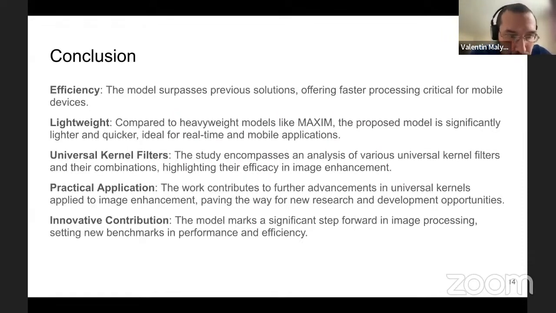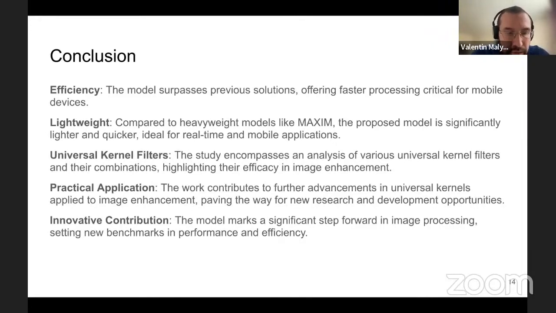We introduced universal kernel filters, which also improve our solution and can be developed further in the future, so we can work even better with these kernels and maybe on some other tasks.